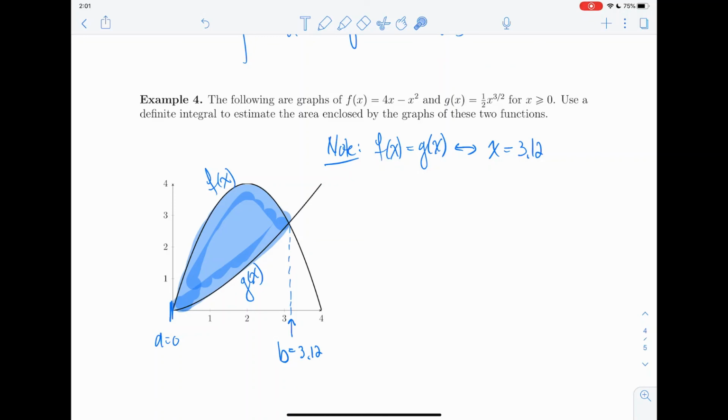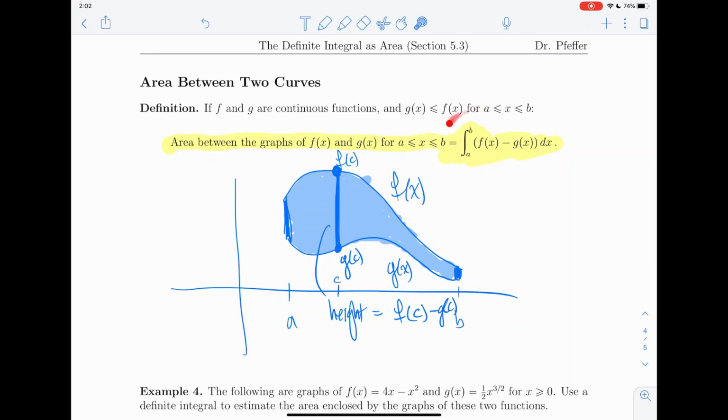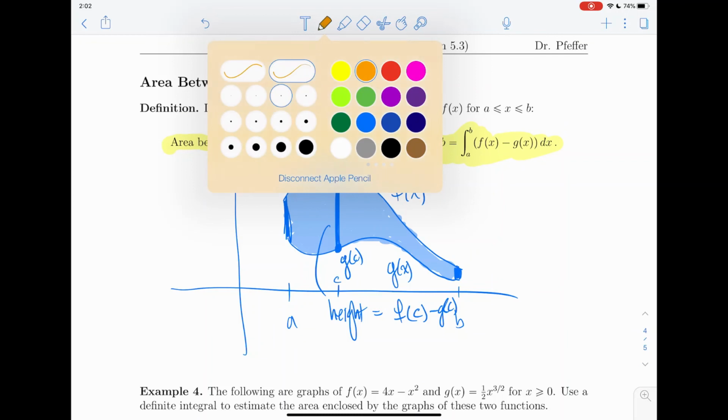So if I want to find the area between these two curves, f and g, from 0 to 3.12, the formula says I find the integral of f minus g, where actually an important note should probably be made here.